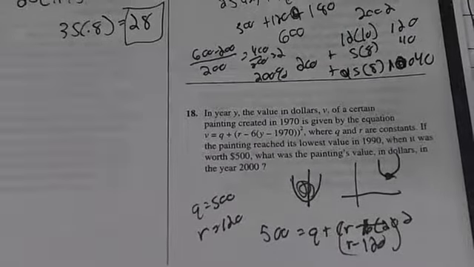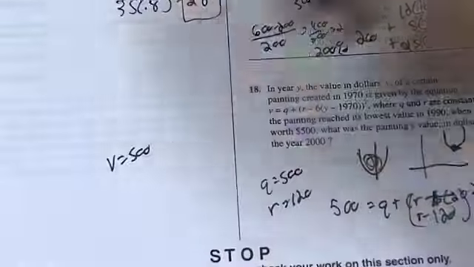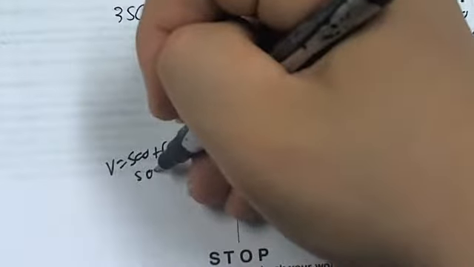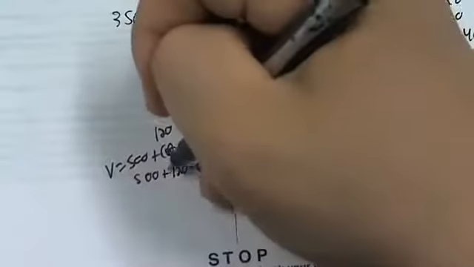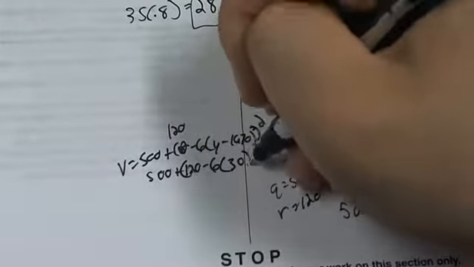So what is the value of the penny in 2000? Now we have our full equation, which is V is equal to 500 plus R minus 6 times Y minus 1970, the whole thing squared. So it'll be 500 plus 120 minus 6 times, so what's 2000 minus 1970 will be 30, the whole thing squared.